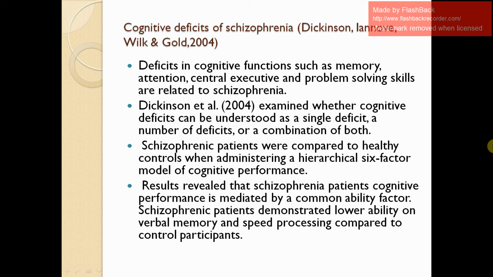Schizophrenic patients were compared to healthy controls when administering a hierarchical six-factor model of cognitive performance. Results revealed that schizophrenia patients' cognitive performance is mediated by a common ability factor. Schizophrenic patients demonstrated lower ability on verbal memory and processing speed compared to control patients.